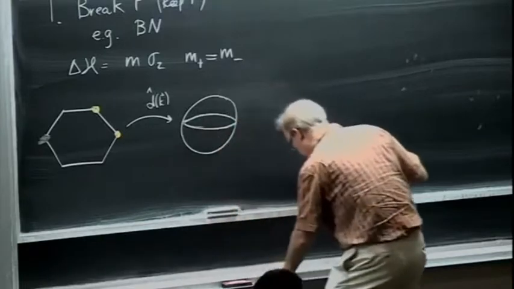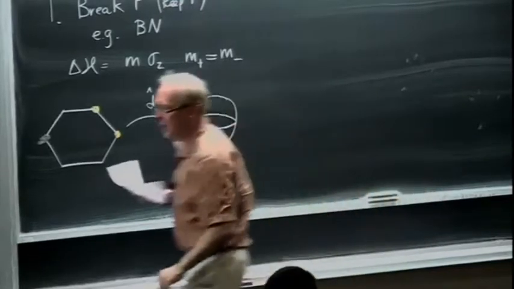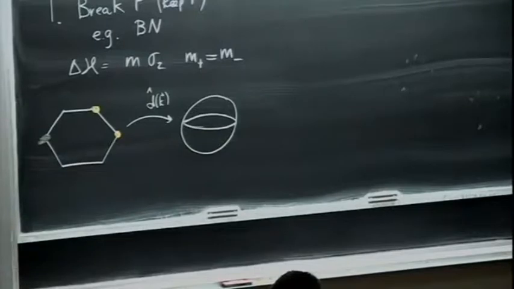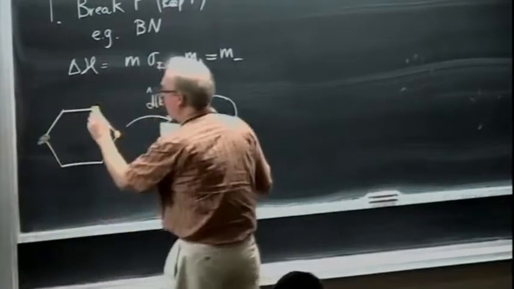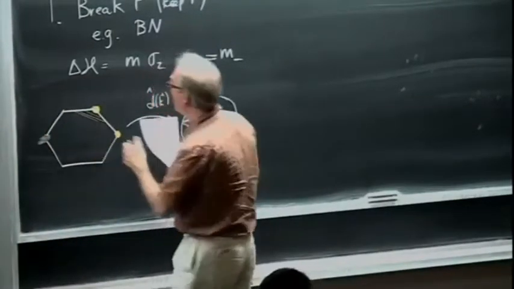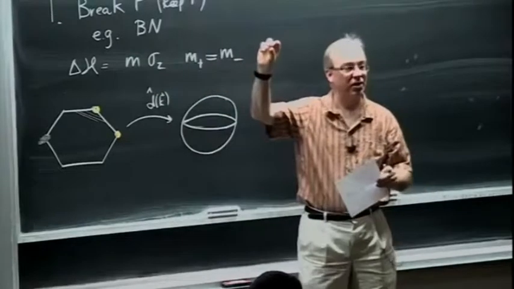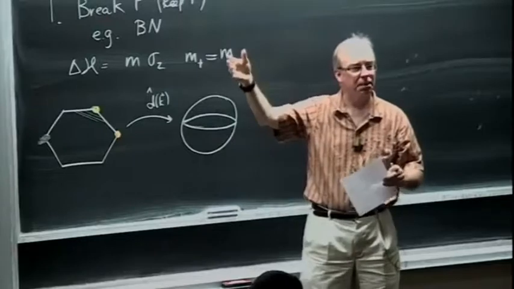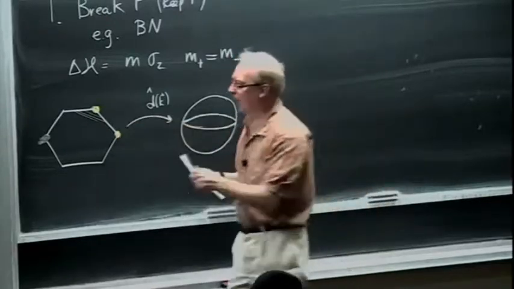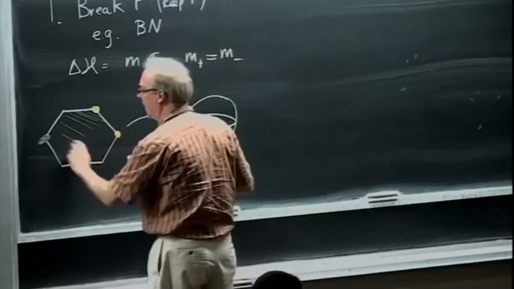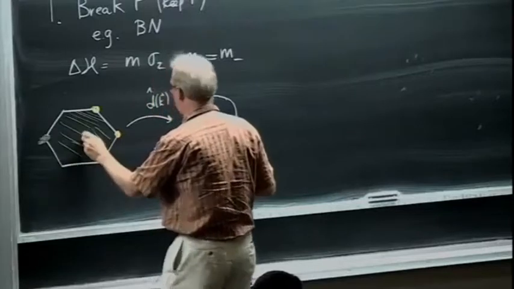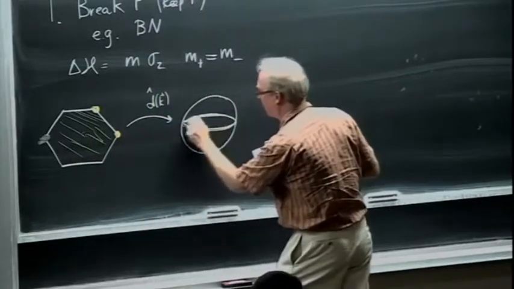And so what's going to happen now is, if I imagine that this staggered potential is very small, then in most of the interior it's not going to have a very big effect. So throughout here, this is all going to go basically to the equator.